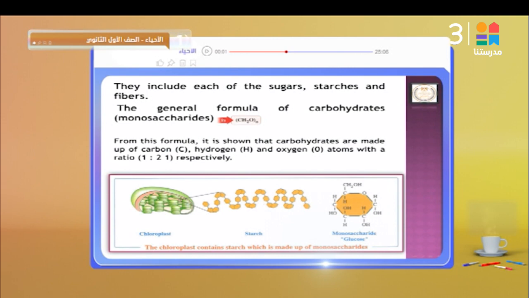Okay? For example, carbohydrates, starch, and monosaccharide. You know that glucose is the essential main component, considered a monomer, entering the structure of all carbohydrates, from the simple to the complex or polysaccharide. Okay.